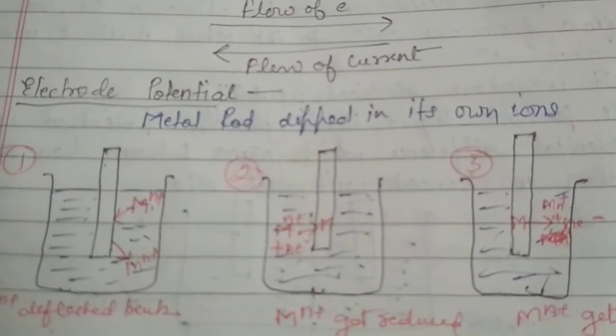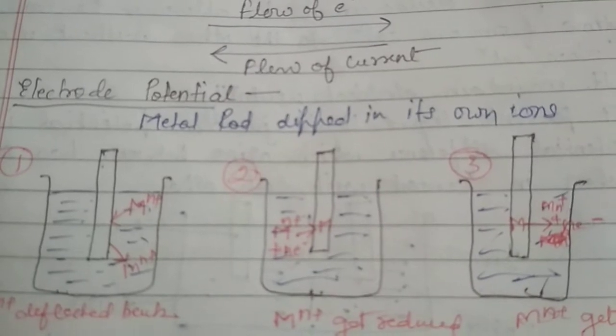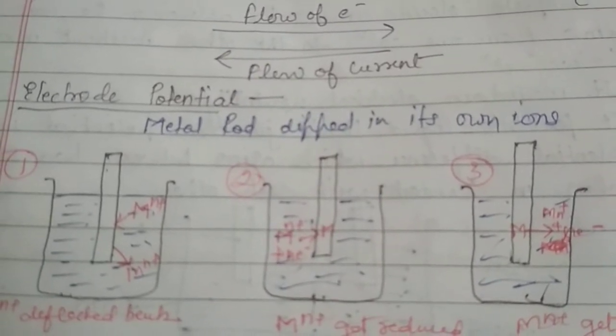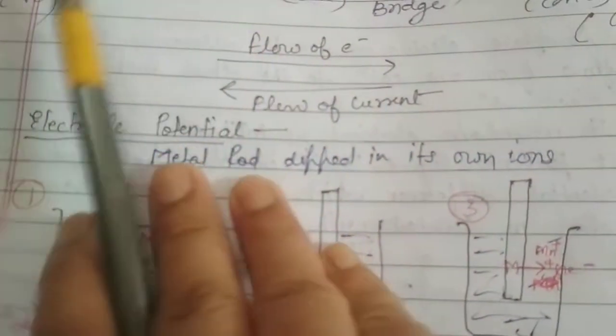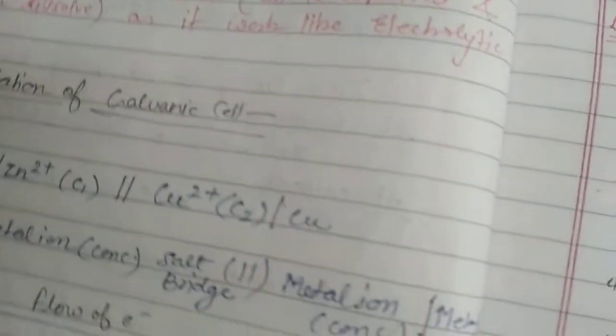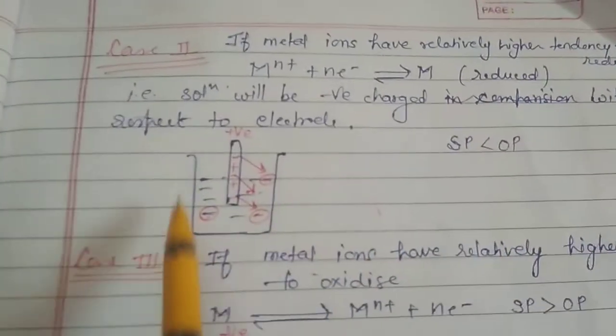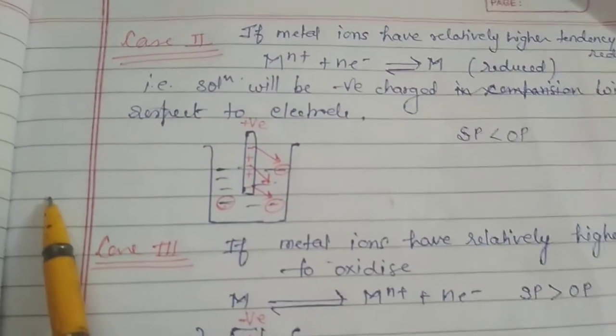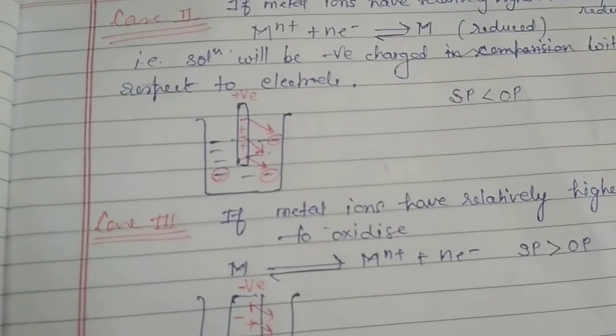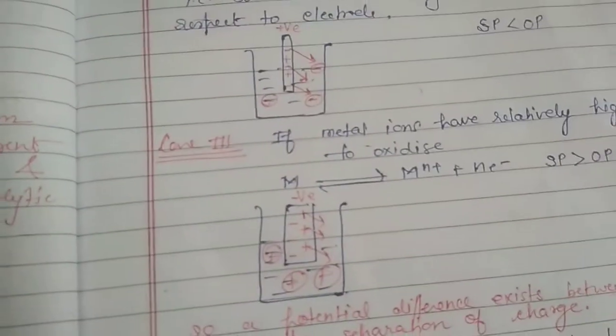Now, on which factor do these possibilities depend? Let's see. We are to talk mainly about the second and third possibilities. The case here is the second possibility.